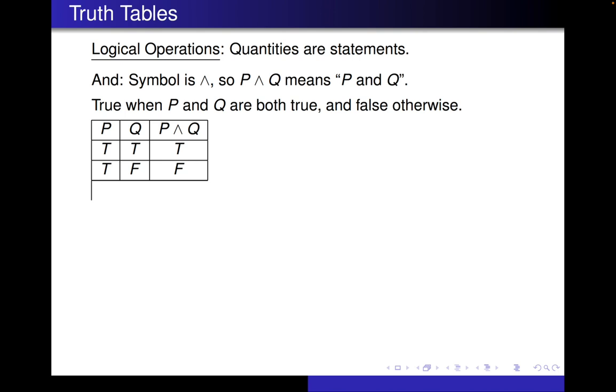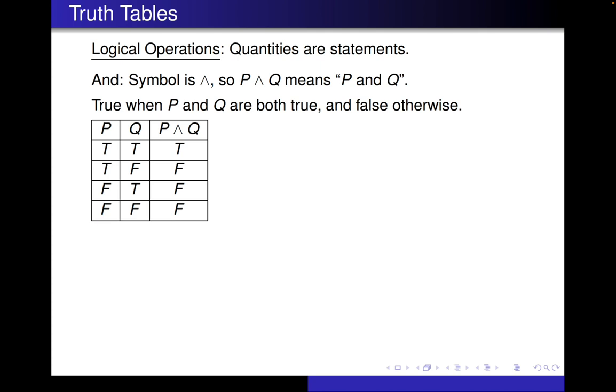Only one of P and Q is true, that means P and Q has to be false. And if P is false and Q is true, again, one of them is false, that means P and Q is also false. And of course, if both P and Q are false, that means P and Q itself is a false statement.